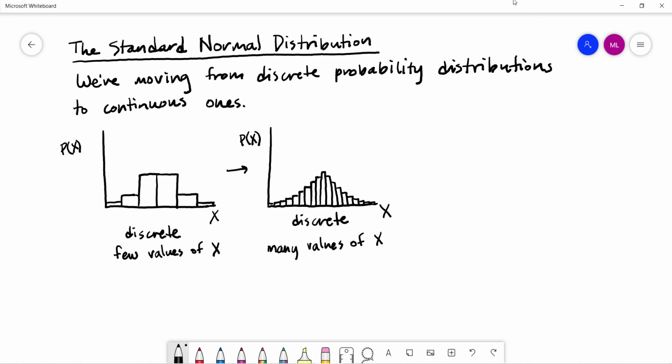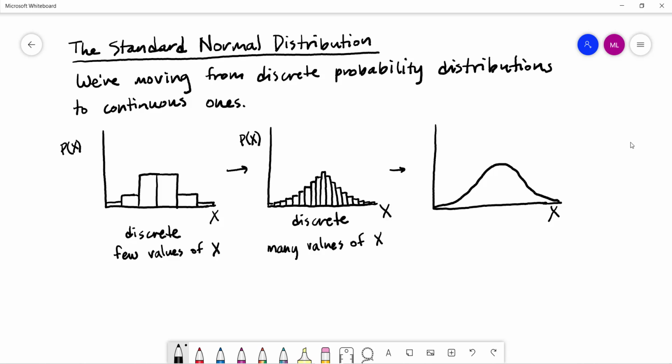What ultimately happens if we continue this procedure is that eventually, instead of dealing with individual values of x, we'll treat it as a continuous variable, meaning we won't look at the individual gaps between the values, and instead of drawing individual bars, we'll just look at a smooth curve and say this is the shape of the probability distribution. So we've gone from a really blocky case to a case with a lot more bars that starts to look like a smooth curve.